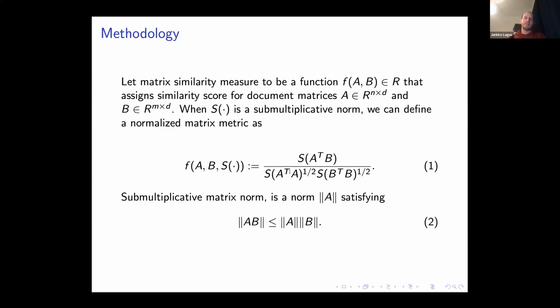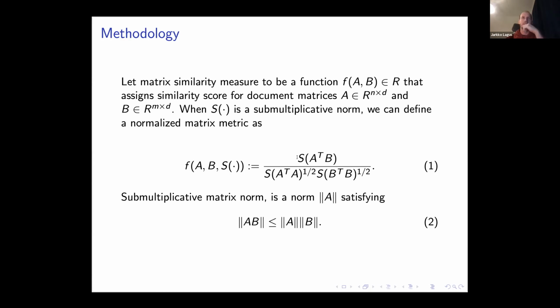And this submultiplicative norm just means that it's a norm that satisfies this kind of inequality, which basically means that we can always normalize whatever is in the numerator by the denominator so that it will be between -1 and 1. If you're familiar with cosine similarity, this is exactly the same trick.